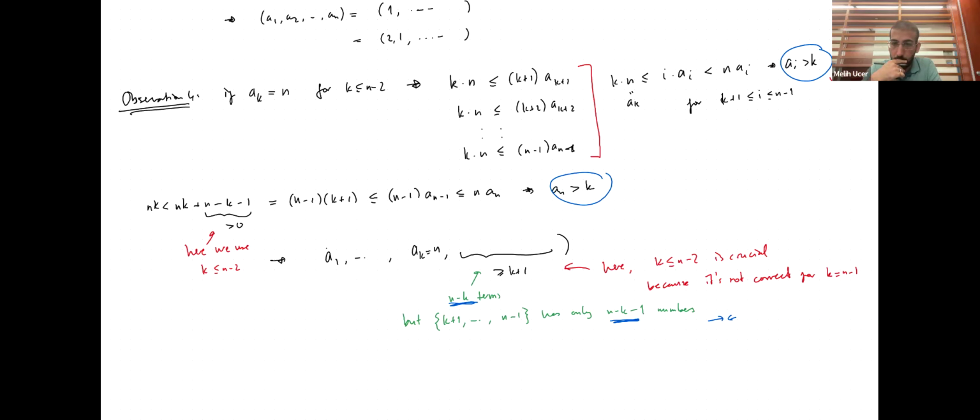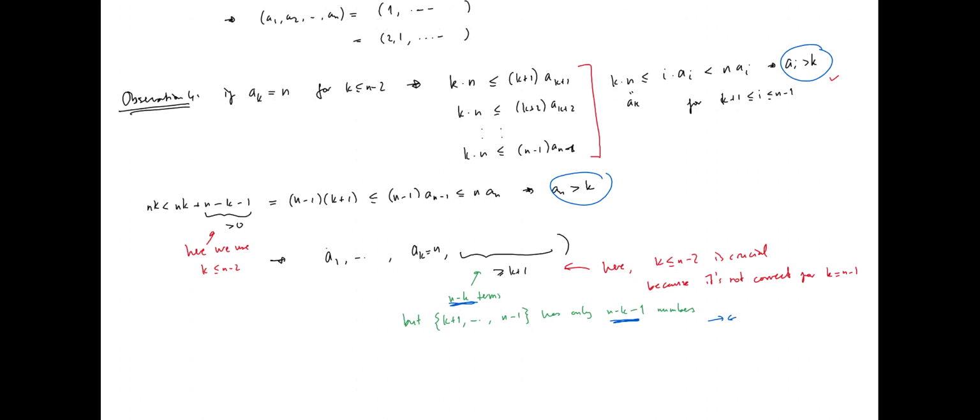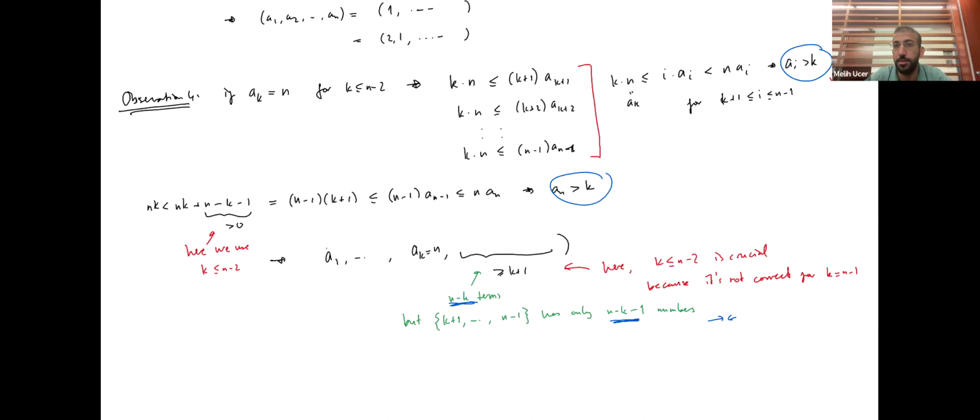Yes. And there are n minus k integers that are greater than or equal to k plus 1, and so n must be among them. Yes. And so we have a_i equal n for some i bigger than k, which is a contradiction. Yeah, you can say the contradiction like this as well.